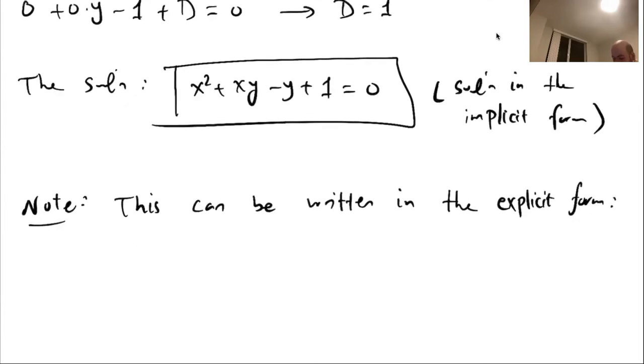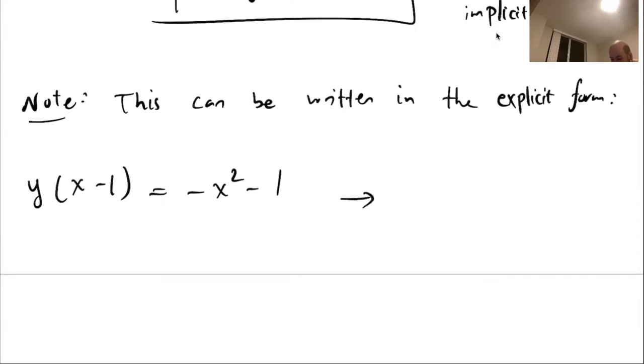So I just need to factor y. I will have y times (x minus 1) equals minus x squared minus 1. And then y will be equal to (minus x squared minus 1) divided by (x minus 1).